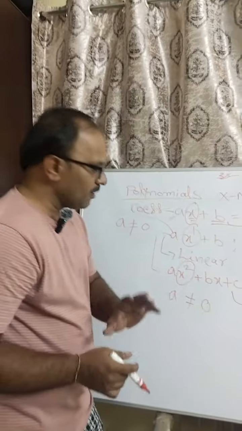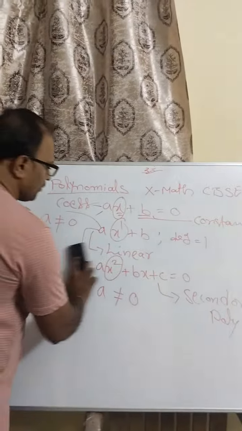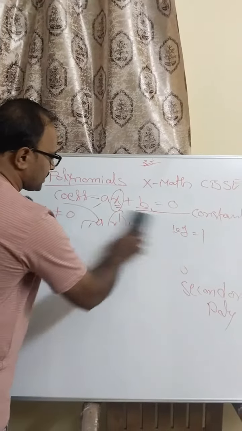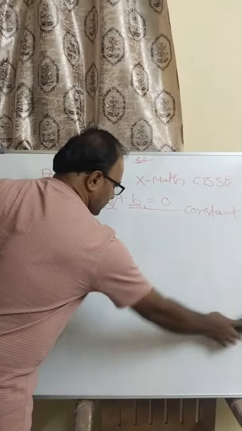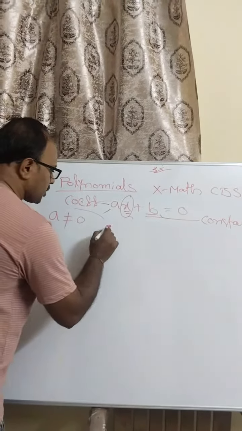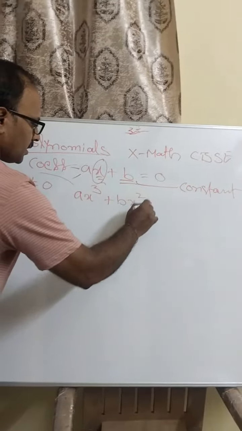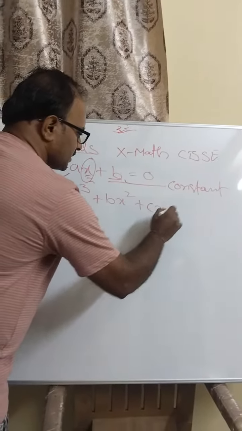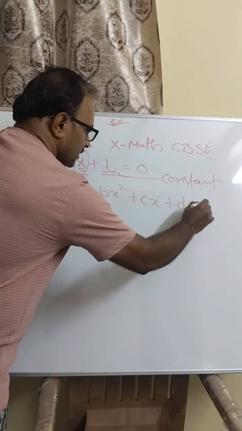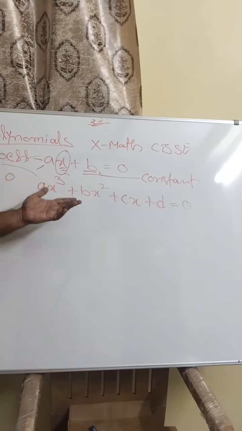Let us briefly look at the third order polynomial, which is represented as, let us say, ax cube plus bx square plus cx plus d equals 0. Now what is the order of the polynomial?